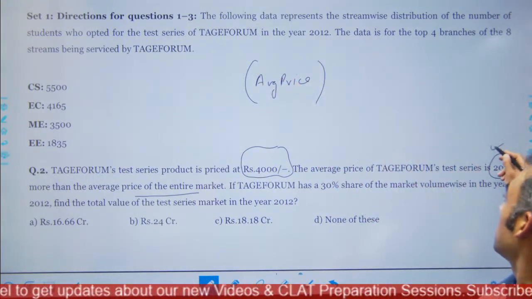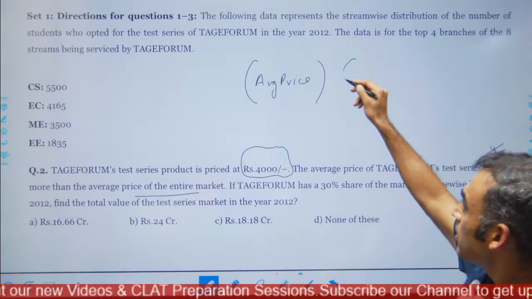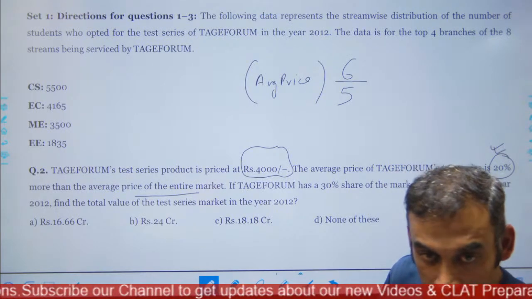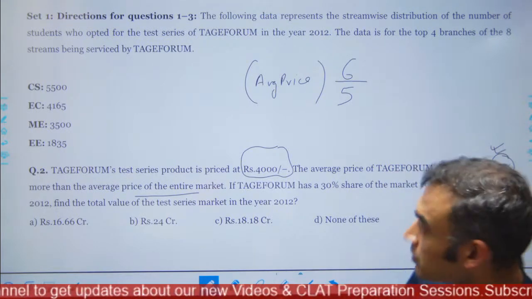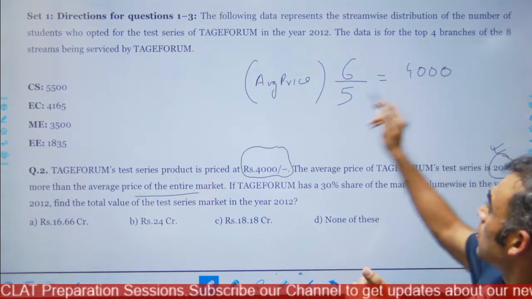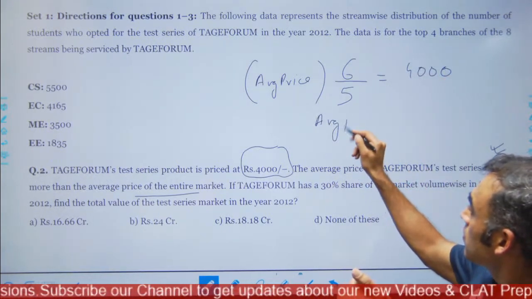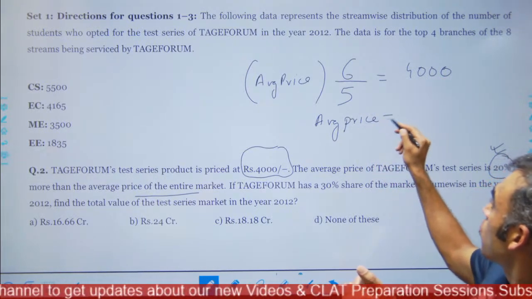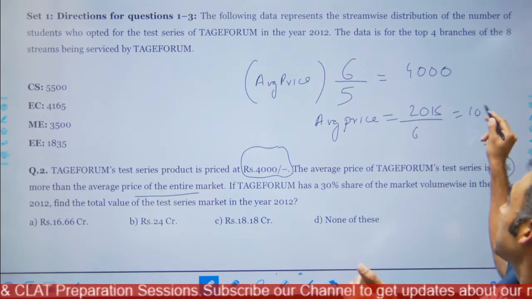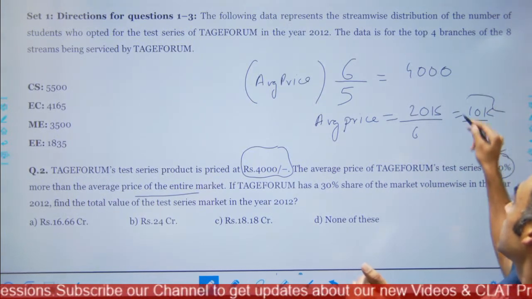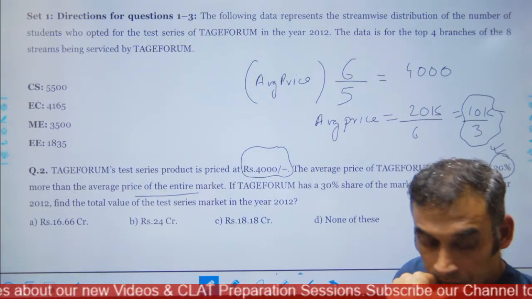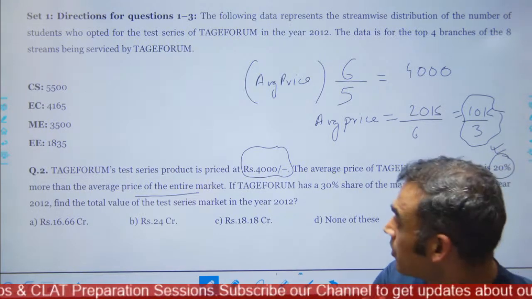It's 20% more than this, so my multiplying factor is 6 upon 5, x plus 1 by 5x, and this will be equal to 4,000. So my average price is equal to 20k divided by 6, or 10k divided by 3.